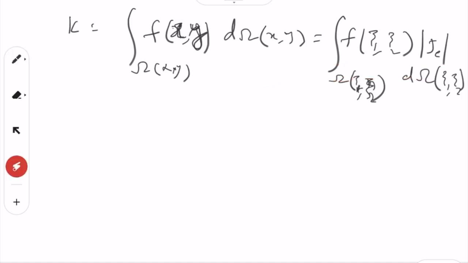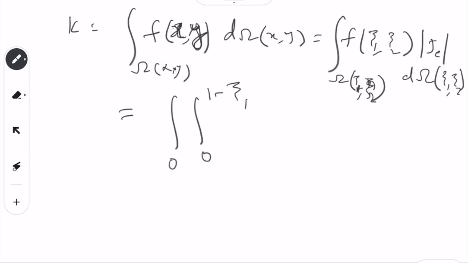So what is the meaning of that? How to find it? We can write it like this: integral from 0 to 1 minus xi1, and then 0 to 1, of f of xi1 xi2, d xi2 d xi1.